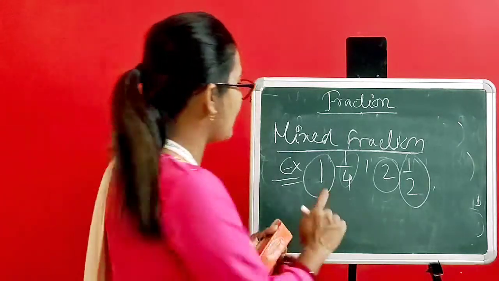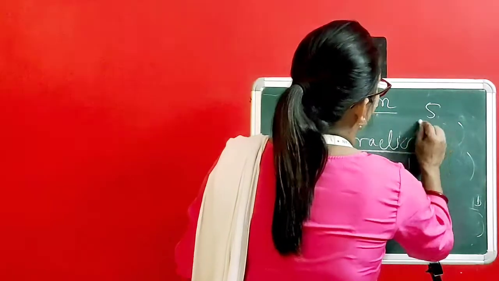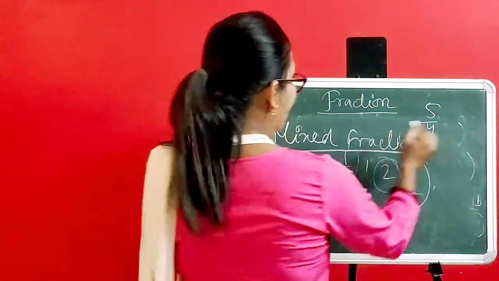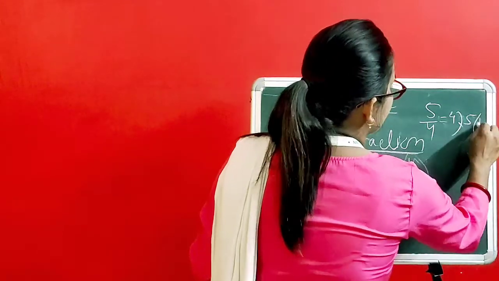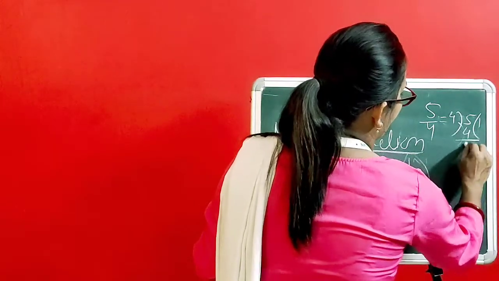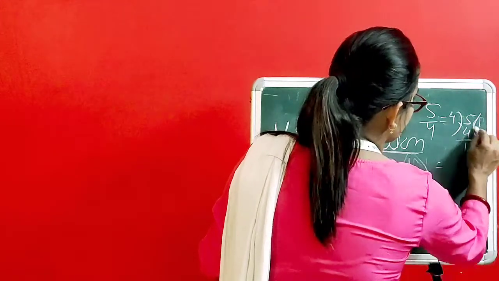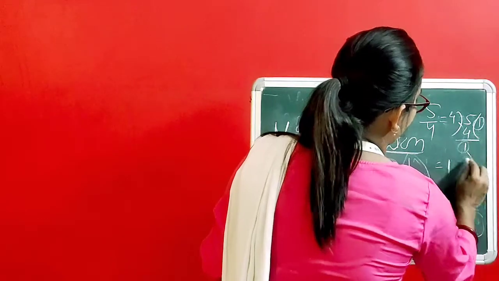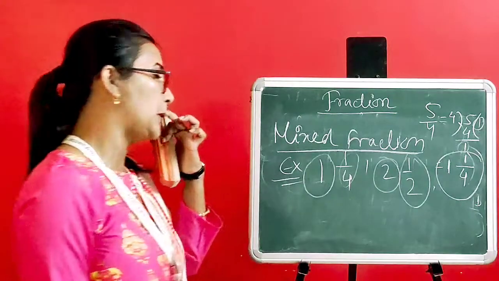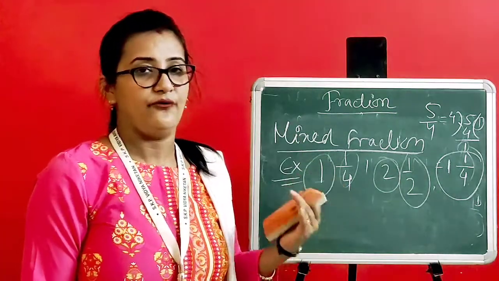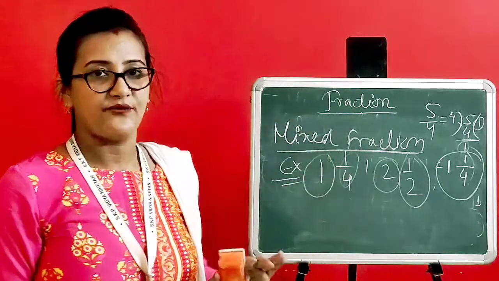Now see here, if I divide 5 by 4, what will happen? 4 ones are 4, here remainder 1. This we are writing as the quotient, then this remainder will be the numerator, and this divisor. This is how we need to express any given improper fraction into a mixed fraction.